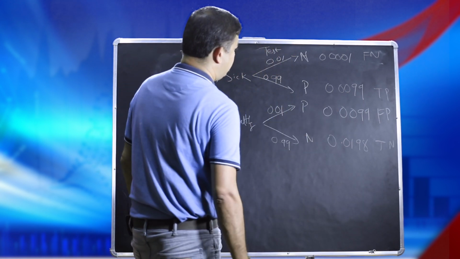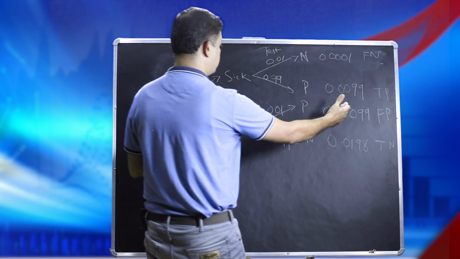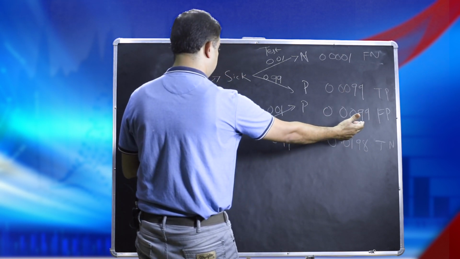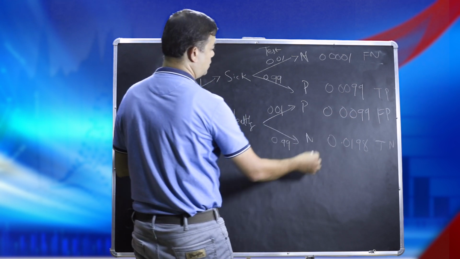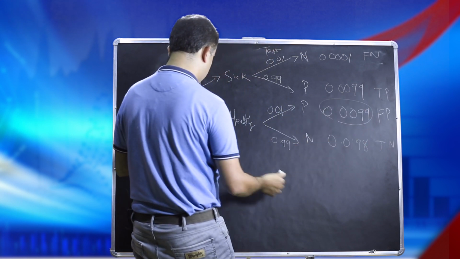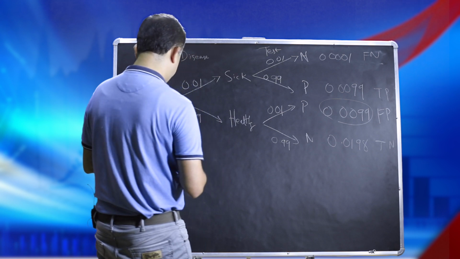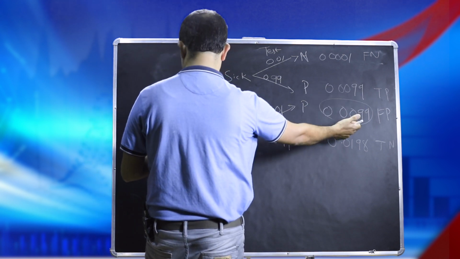Now what we have to find is the fraction of the false positive. The true positive is 0.0099, false positive is 0.0099. So the fraction of false positive out of the total, so this is the false positive out of the combined positive. So what is basically the fraction of false positive or fraction of true positive? In this case both are identical.